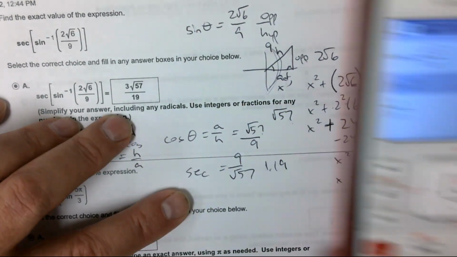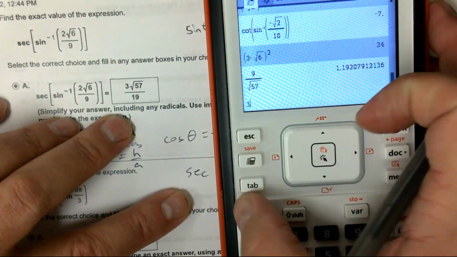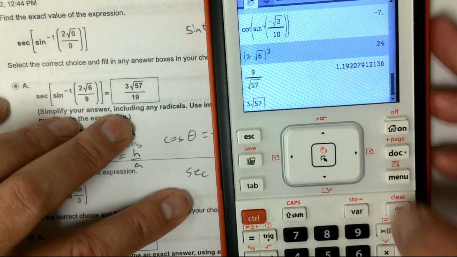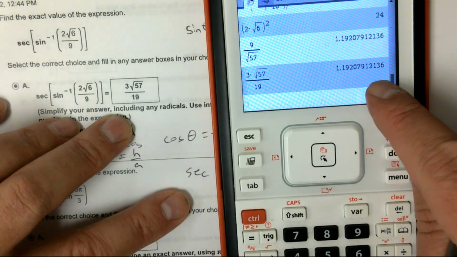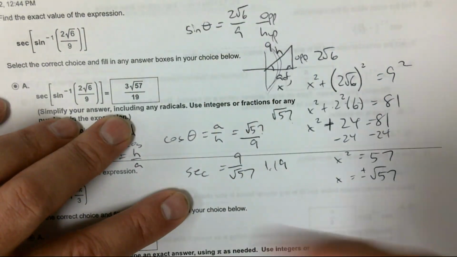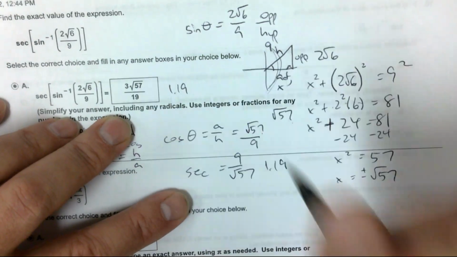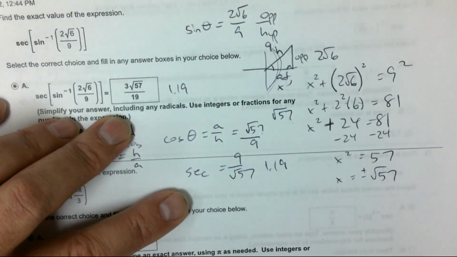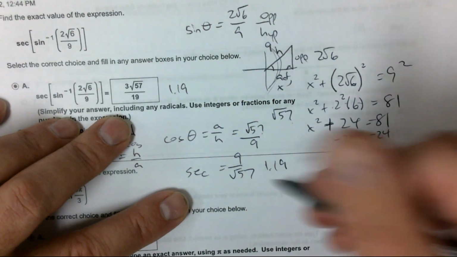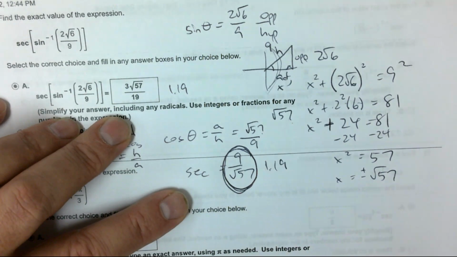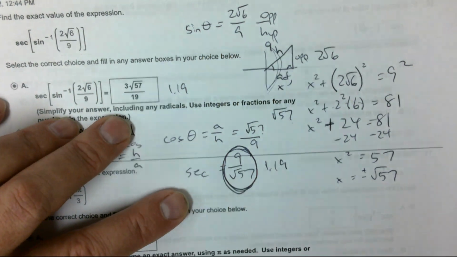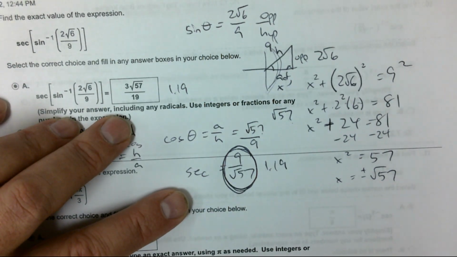And if we do 3 square root of 57 over 19, we also got 1.19. So this is going to be one where I would just answer it as this. And Math Excel will count it right, or at least it should.